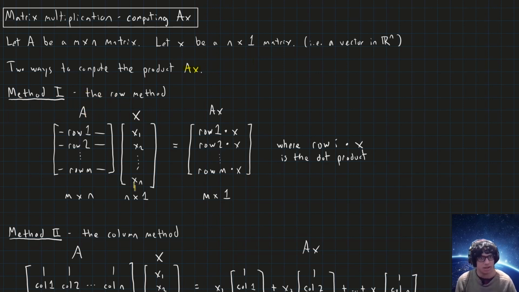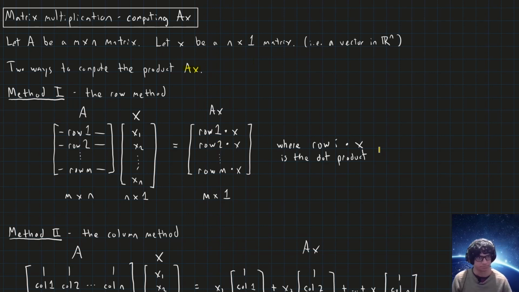You think of A chopped up into rows. And then to compute Ax, the first entry of Ax is the first row of A dot product with x. That's the first entry. And then the second entry is the second row of A dot product with x, and so on.